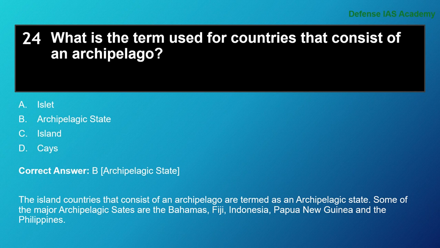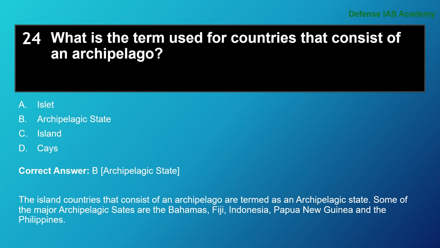The island countries that consist of an archipelago are termed archipelagic states. Some of the major archipelagic states are Bahamas, Fiji, Indonesia, Papua New Guinea, and the Philippines.